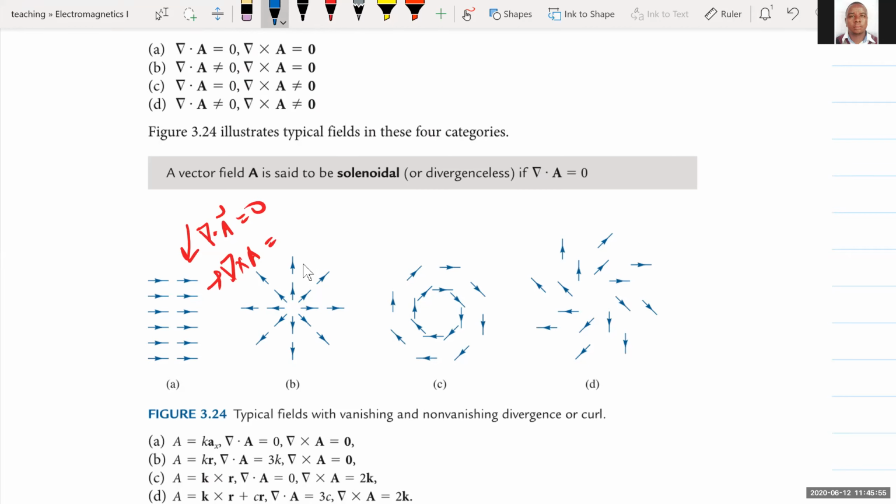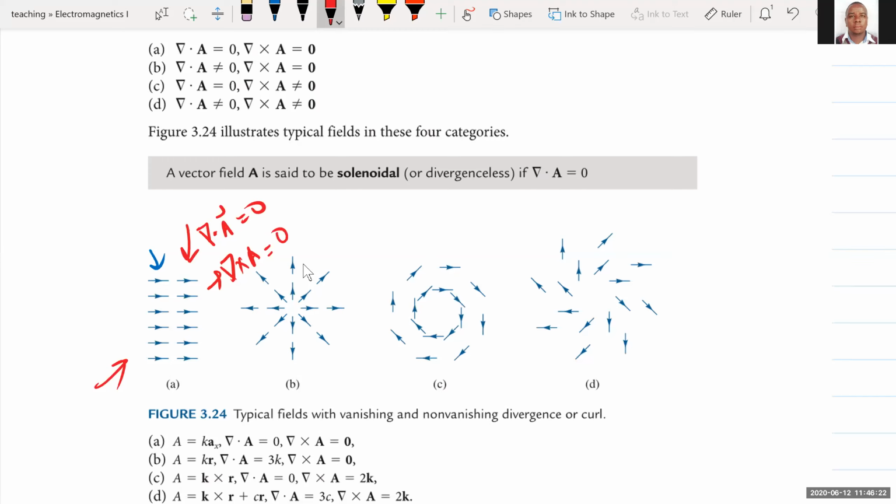If this vector is rotating, then its curl is not equal to zero. But if it is not rotating, then the curl is zero. So what you can simply see from this is that this vector A is not rotating. Therefore, it has no rotating element, or it is not circulating. And for that reason, its curl is zero.